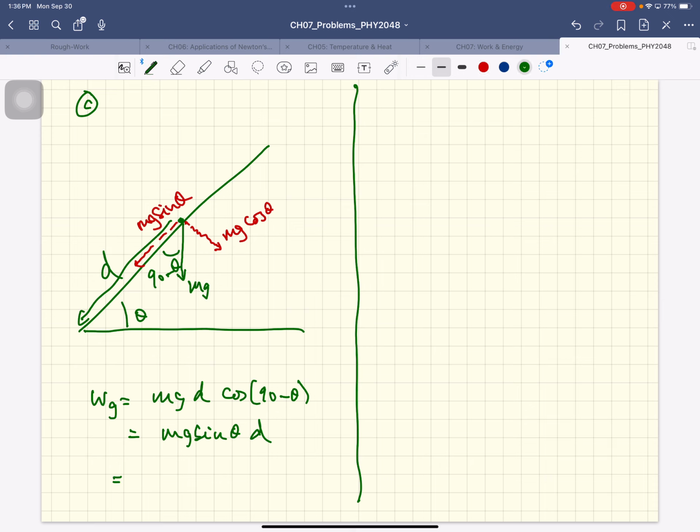So that is 90 times 9.8 times sine 60 times 30 meters.